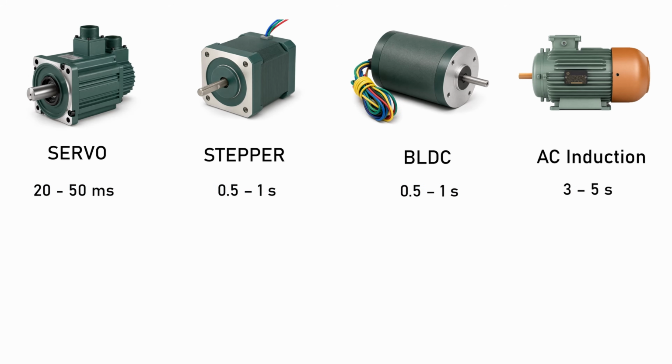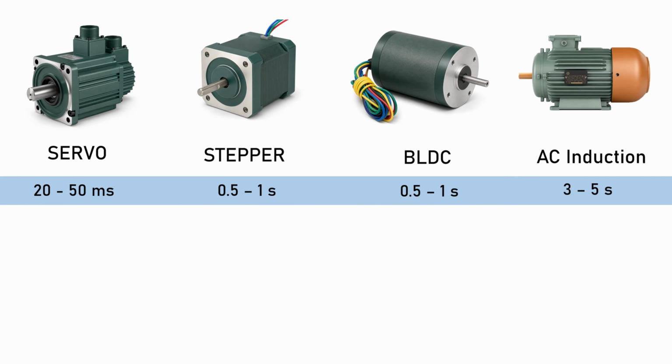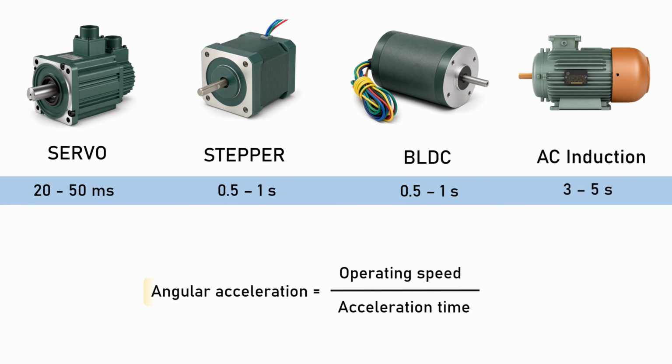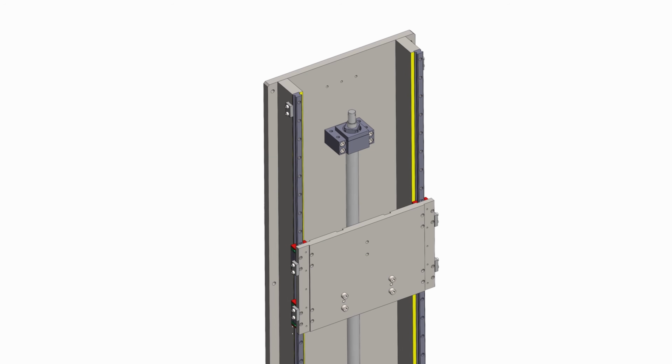Now, once the acceleration time is decided, we can calculate the angular acceleration from acceleration time and operating speed. So how do we calculate the operating speed of the system? Again, it depends on the type of mechanical system. For example, in a ball screw or lead screw mechanism, the rotational speed depends on the linear speed of the actuator and the lead of the screw.